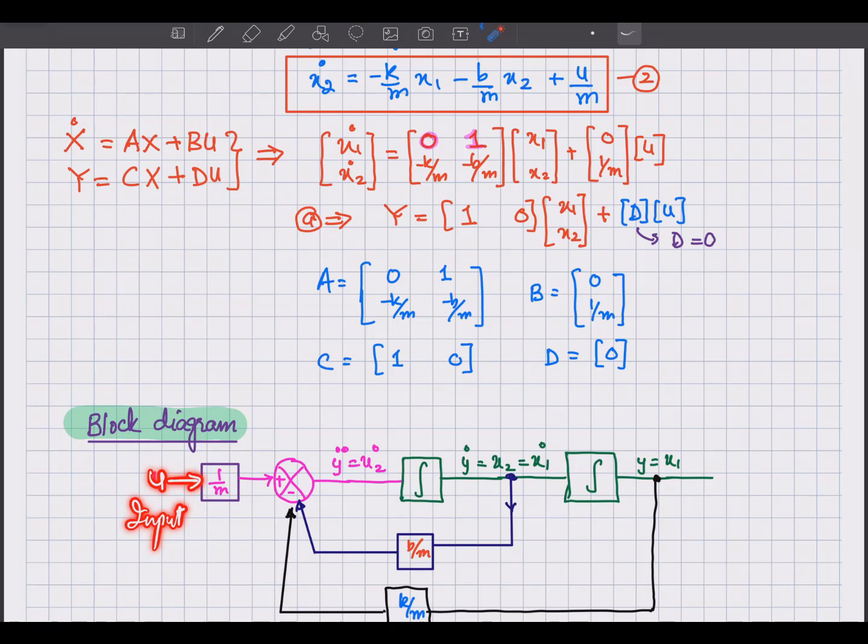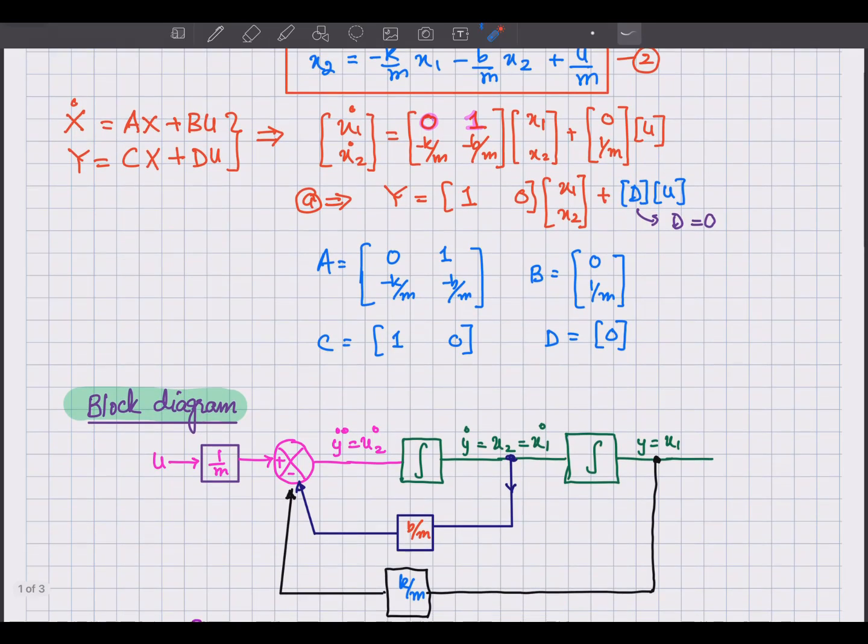So it is scaled by this factor 1 by m and is given to this summing block, and this is basically implementing this portion, right? And the positive sign over here is this one. So with this term we are going to sum minus k by m into x1. So taking x1 from here, and the gain is k by m, that you can see over here.